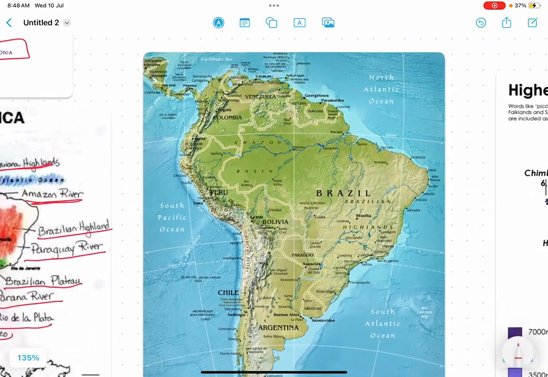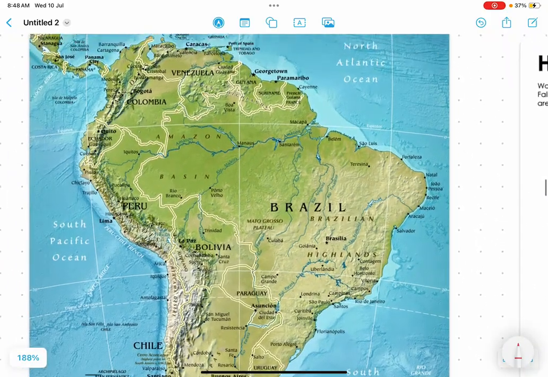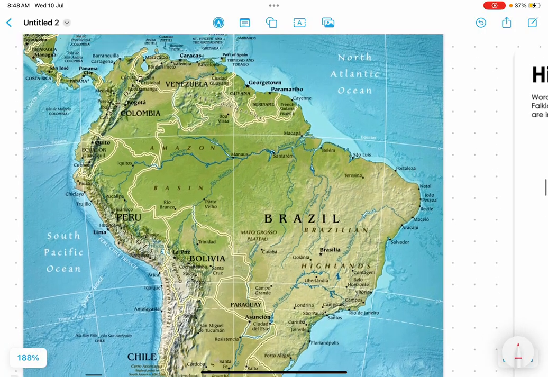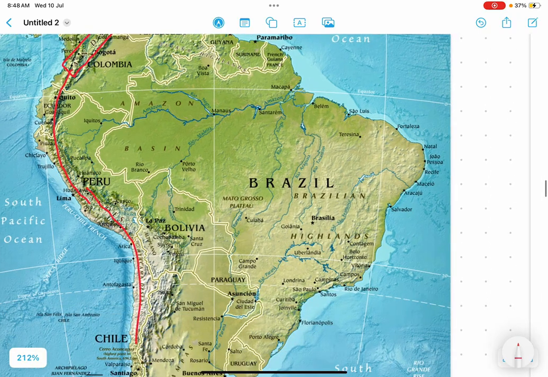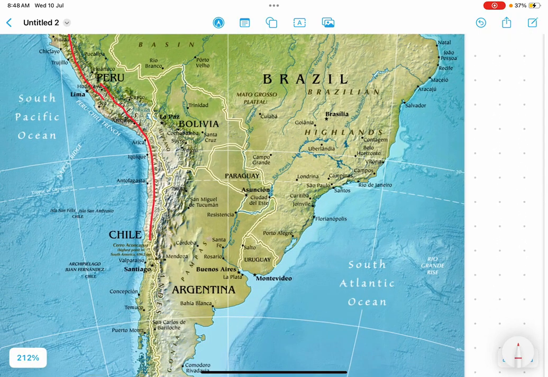The next map will give you a detail. We will start from the top. As you can see, it is written here. We have Andes right here. It stretches from here, goes right up to here, and it goes right up to here, Andes, right, like that.